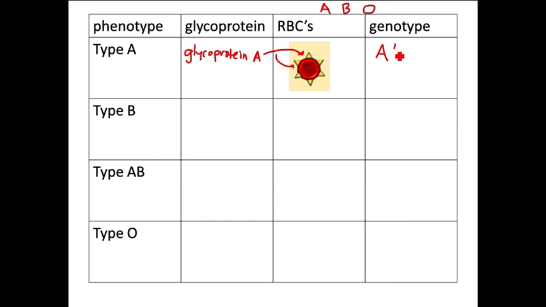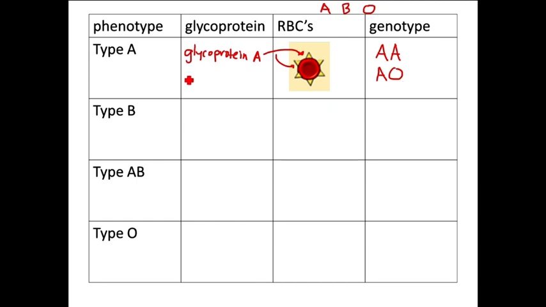So they could be homozygous for the big A allele, and they would have blood type A. But there's another possible genotype, and that's AO, because remember A is dominant over O. So someone who is AO will still make glycoprotein A because one of their alleles will say to make that. And then the O allele just says don't make anything. So it's like the null.